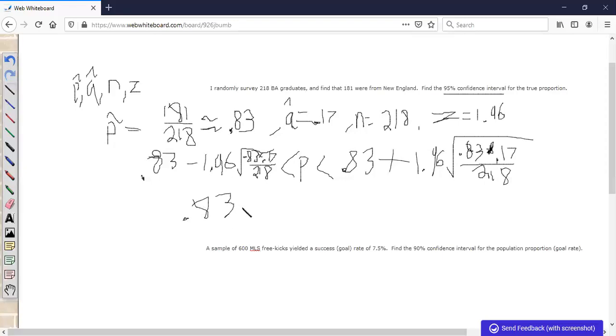After we multiply by 1.96, we're just going to get 0.05. So 0.83 minus 0.05 is less than p, less than 0.83 plus 0.05. So here, what we get is 0.78 less than p, less than 0.88.